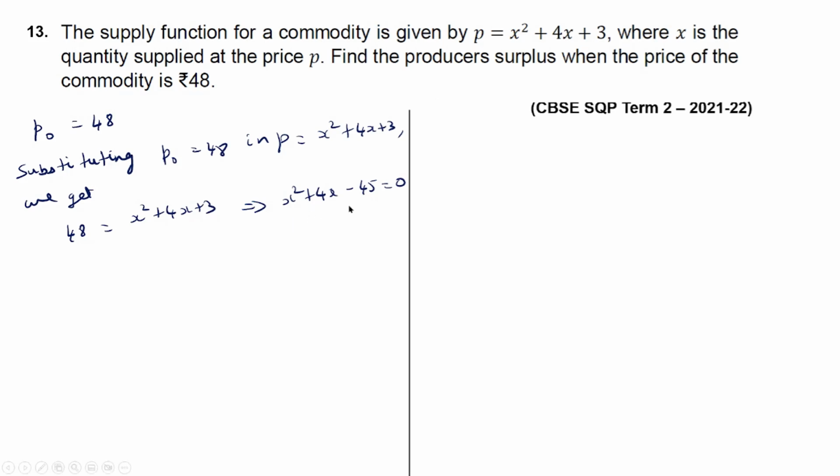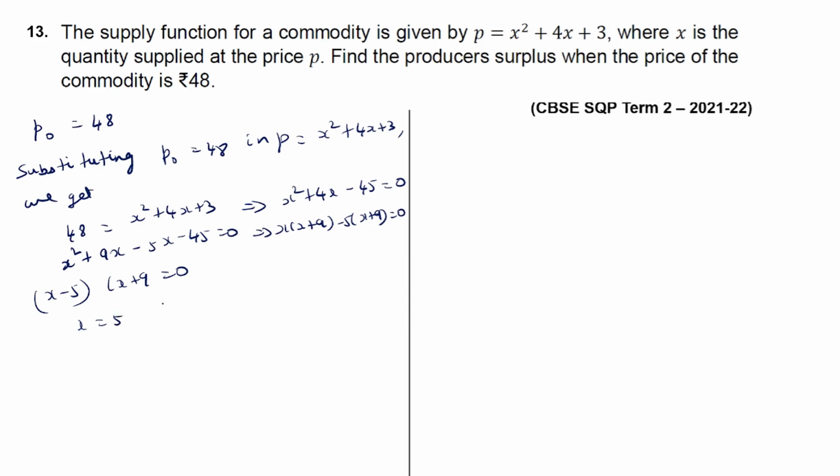So this is a quadratic equation in x. Here it is x square plus 9x minus 5x minus 45 equal to 0, or x into x plus 9 minus 5 into x plus 9 equal to 0. So x minus 5 into x plus 9 equal to 0. X is equal to 5 or x is equal to minus 9.